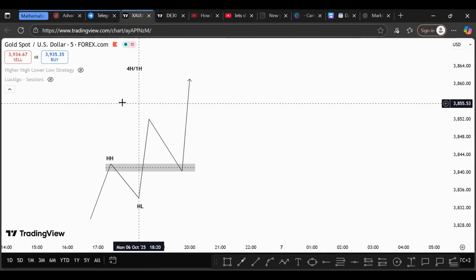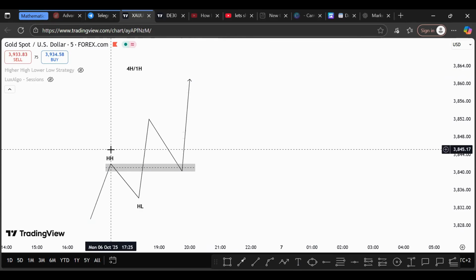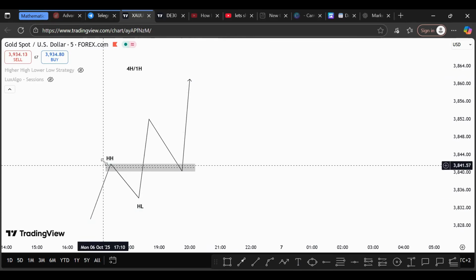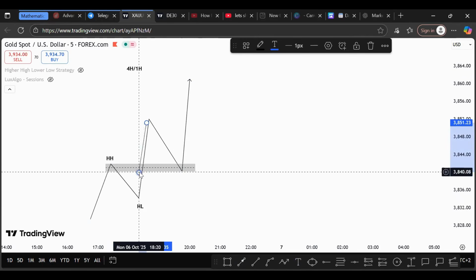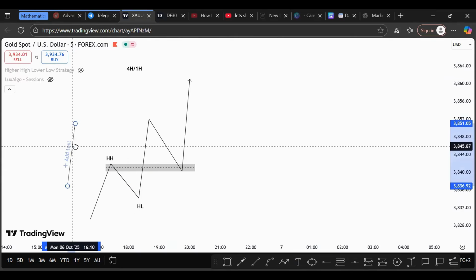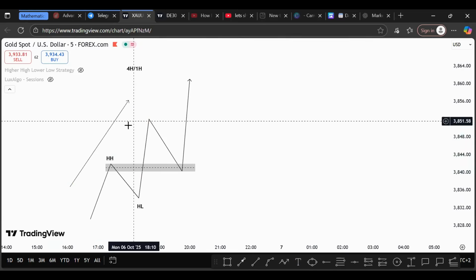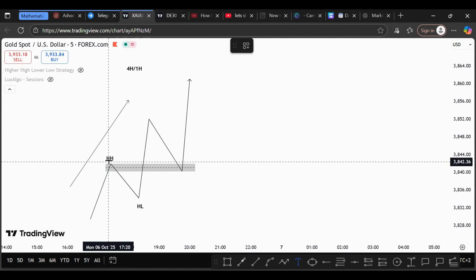Now, we want to show ICC on the trend side. The market will create a higher high, then a higher low, and then shoot up to the upside to continue the trend. Now we're breaking the highs. For an uptrend, we have to break the highs, so we're breaking this high by creating another higher high, because this high is higher than this one.